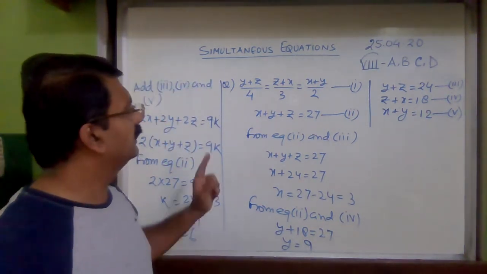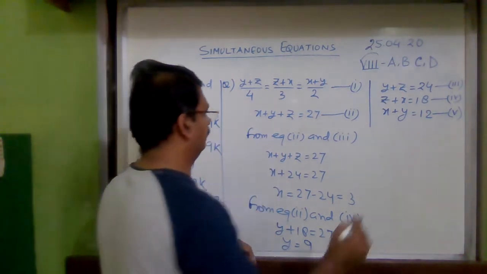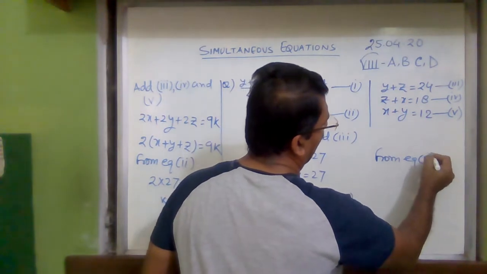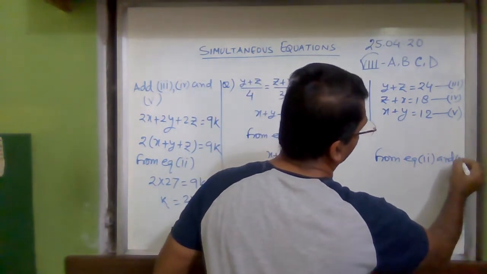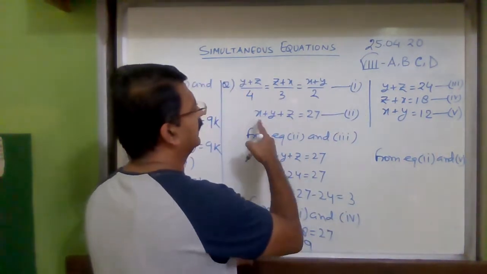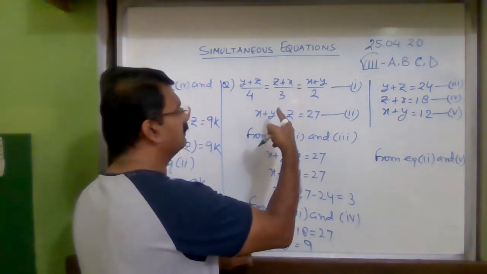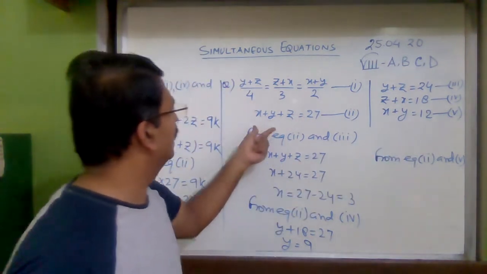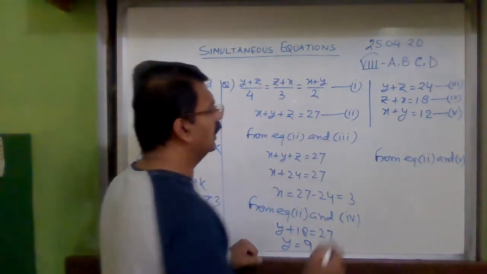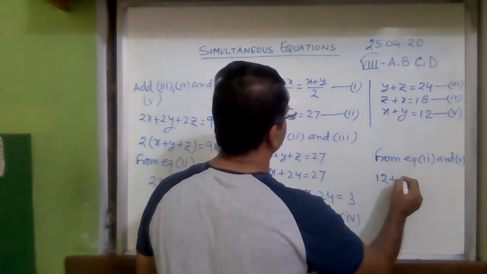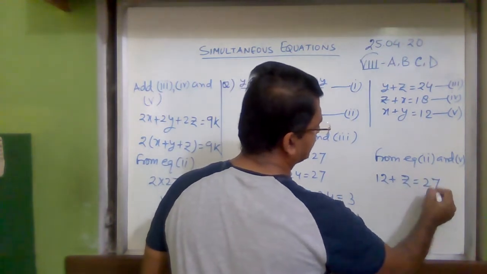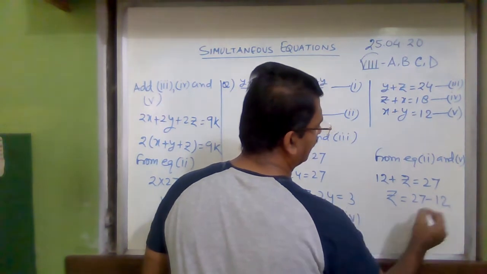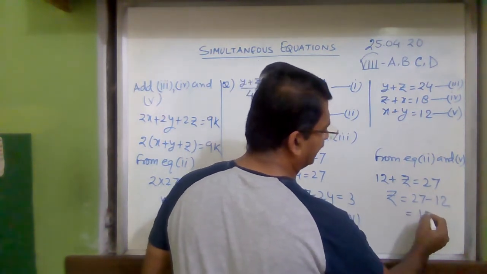And now from equation 2 and 5, equation number 2 is x plus y plus z is equal to 27, but equation number 5 says x plus y is equal to 12. So in place of x plus y, you write down 12. So 12 plus z is equal to 27. So z is equal to 27 minus 12. 27 minus 12 is 15.